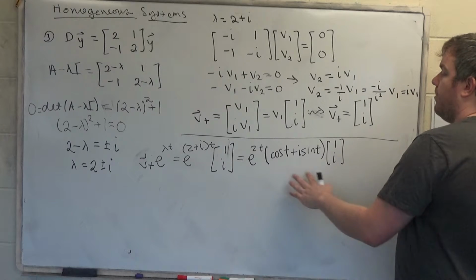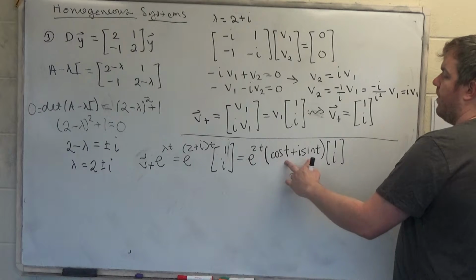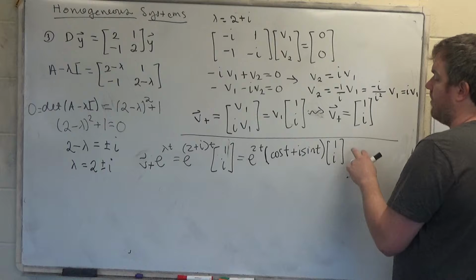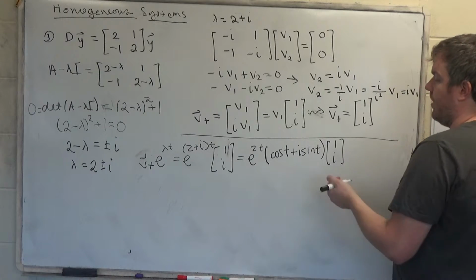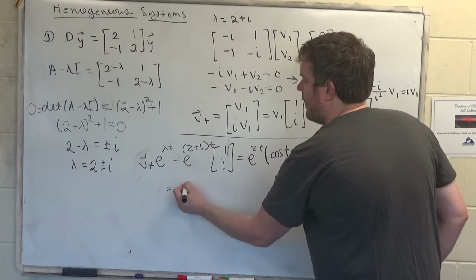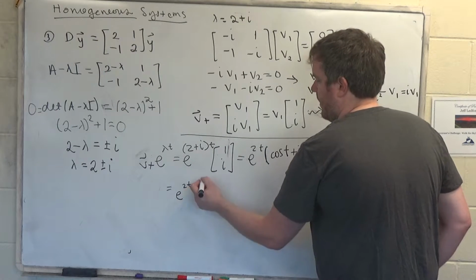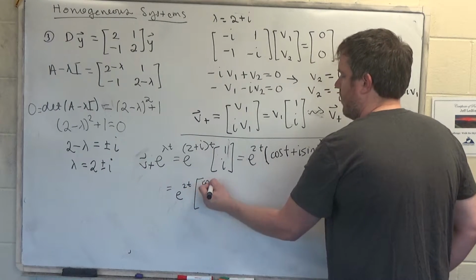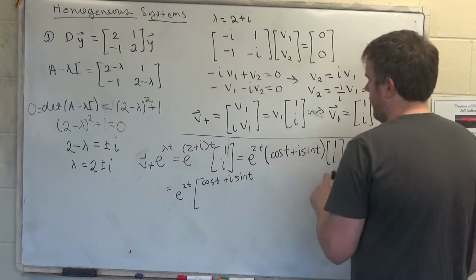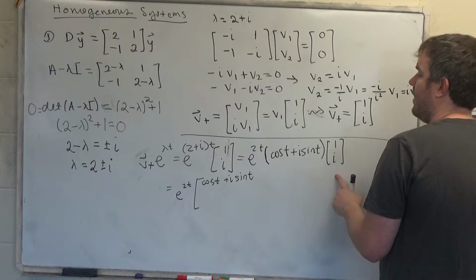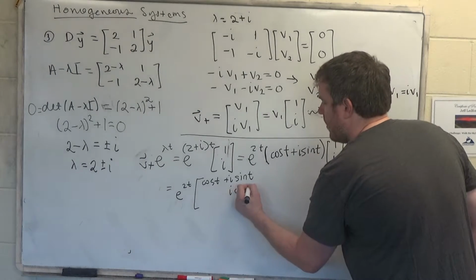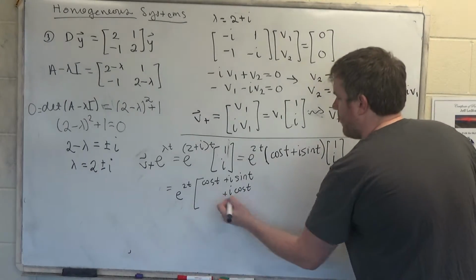And now all I need to do is to distribute the Euler's formula part into the vector, and split real and imaginary parts up. So what I'm going to get is e to the 2t times the vector cosine t plus i sine t, and if I multiply through by i, I'm going to get i cosine t plus i squared sine t.